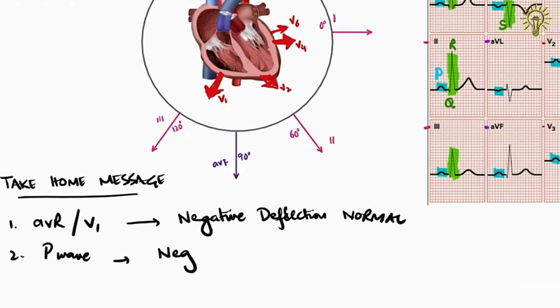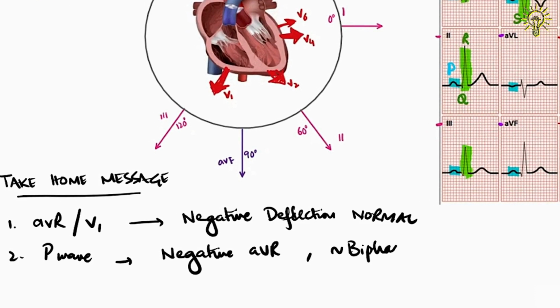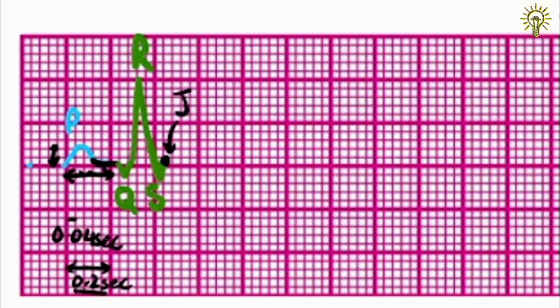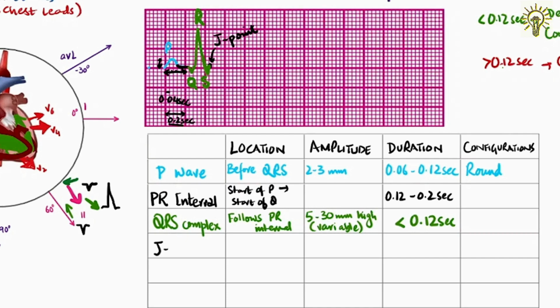The P wave is negative in AVR, and it can be biphasic in V1, V2. The point of conclusion of the QRS complex marks the J point. This is where the ST segment begins. The significance of the J point is that if it is deflected 2 mm above the isoelectric line, it can indicate ST segment elevation, in other words ST elevation MI.